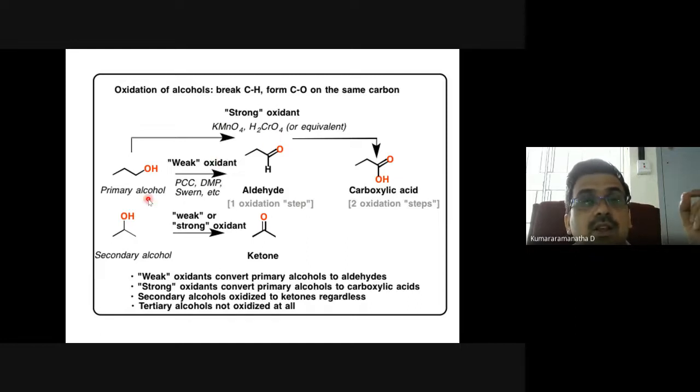If you want to stop only at the aldehyde and don't want the carboxylic acid, there are some examples like pyridinium chlorochromate, which will oxidize only to a small extent, not higher. So weak oxidants make aldehydes, especially from primary alcohols, and ketones from secondary alcohols. And in any case, tertiary alkyl groups are not at all oxidized.